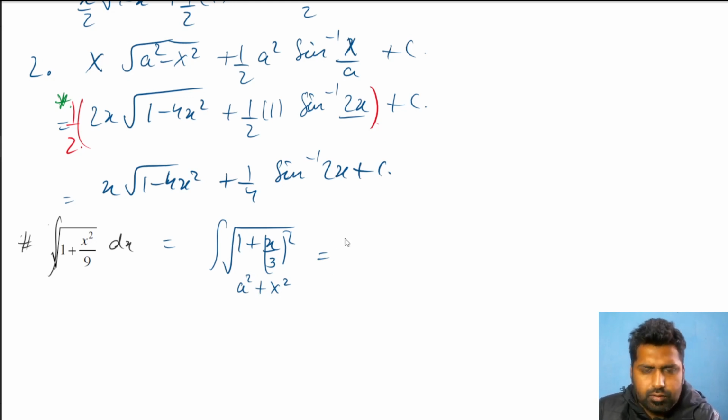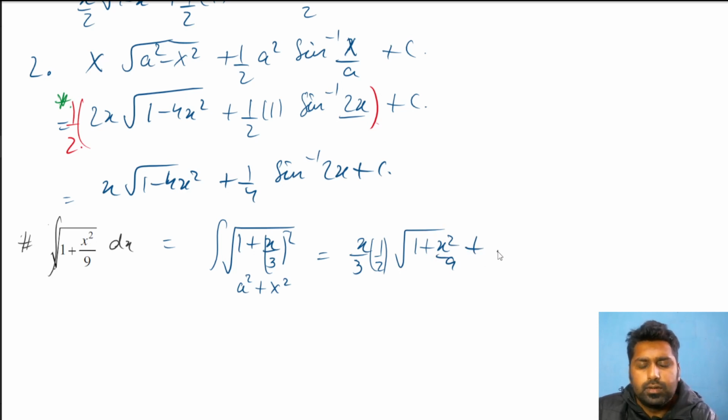First is capital X by 2. Capital X is actually x by 3, and another 2 of it, into the same square root 1 plus x square by 9, plus then comes half a square, 1 by 2, where a is 1.